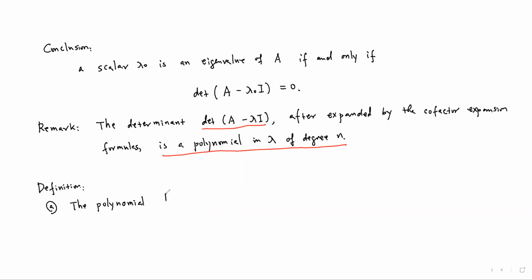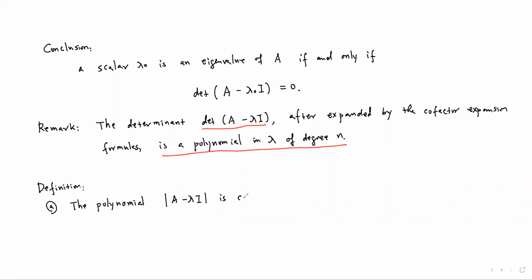A second notation for the determinant is to put a pair of vertical lines on both sides. This determinant, we give a name to it.